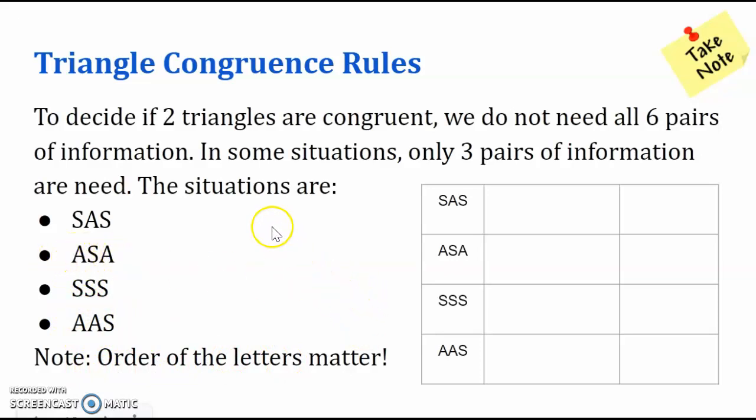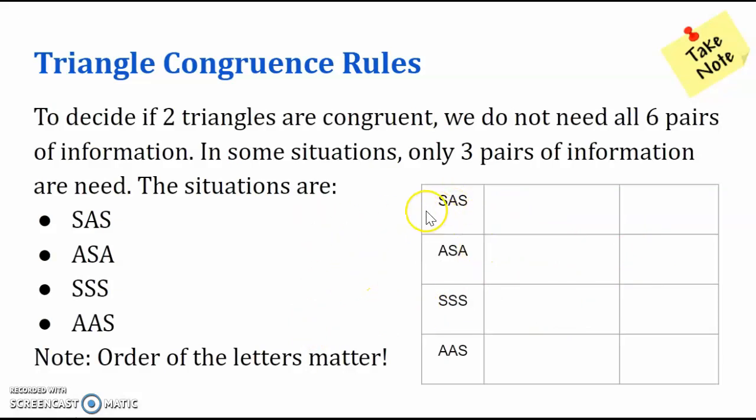I would like you to take notes by copying the top part down and then drawing this big table in your notebook with side-angle-side, angle-side-angle, side-side-side, and angle-angle-side. Leave about 4 lines for each box, because on the next slide you're going to be taking notes more specifically.